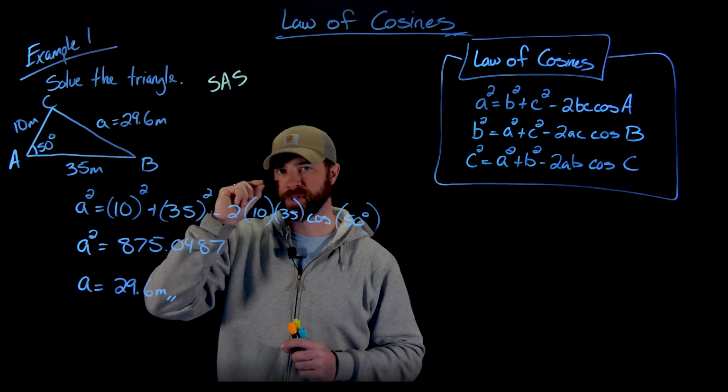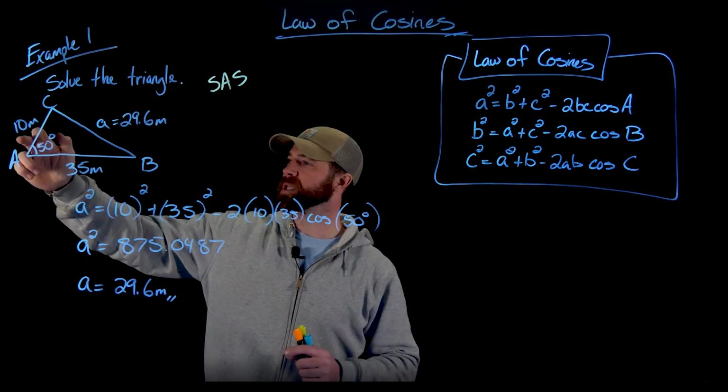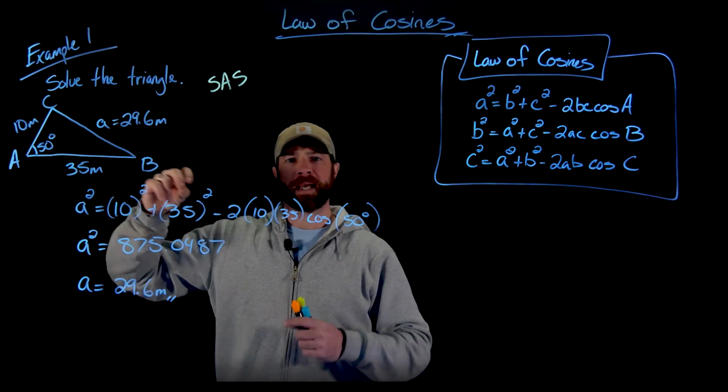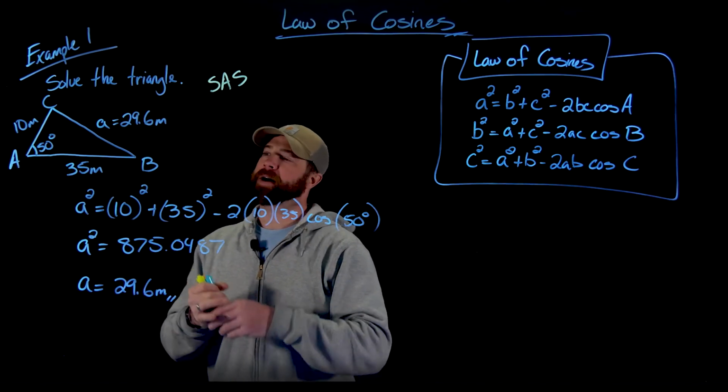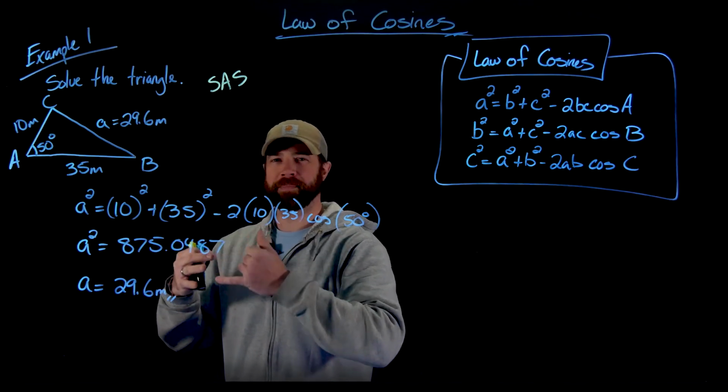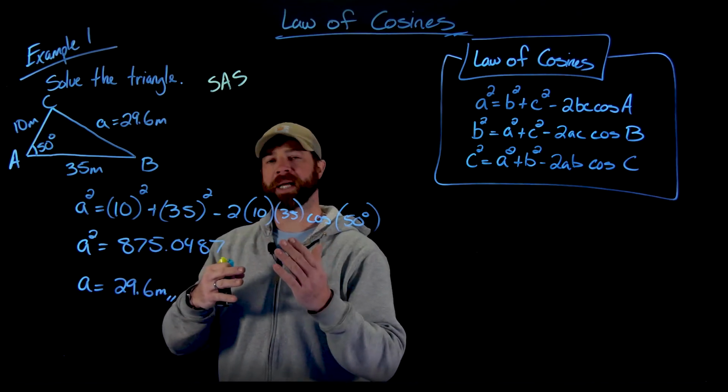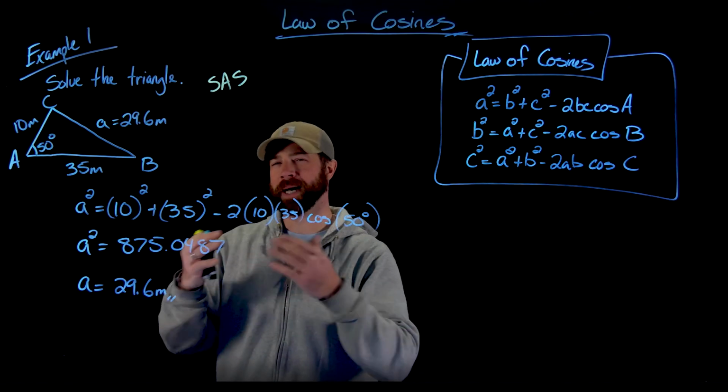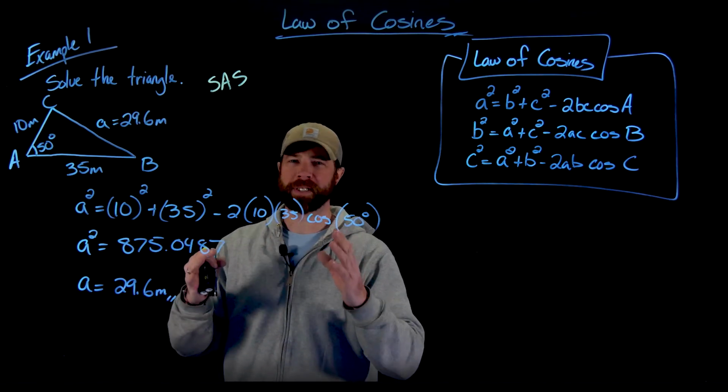I know it's the smallest angle, because it's across from the smallest side. And that's really important, because if B was an obtuse angle, I'd have to use that 180 degrees minus the sine inverse. I hope this is making sense to you.